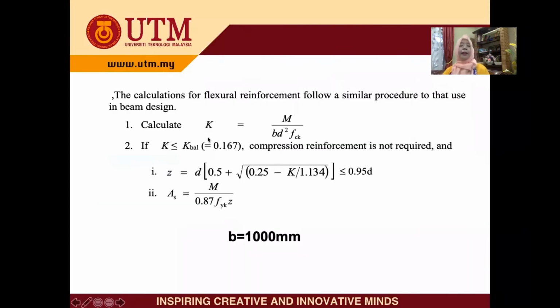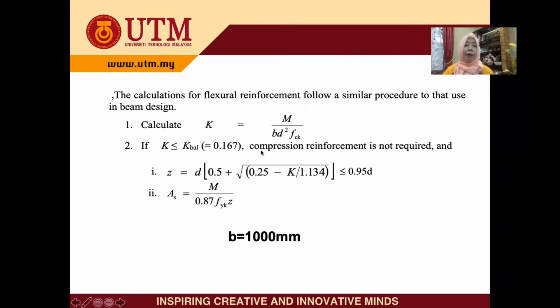Okay, and this is the formula. This can be obtained in your design formula. We refer to the beam. So firstly, we calculate K, with the B here equal to 1000. And usually K will be less than 0.167.